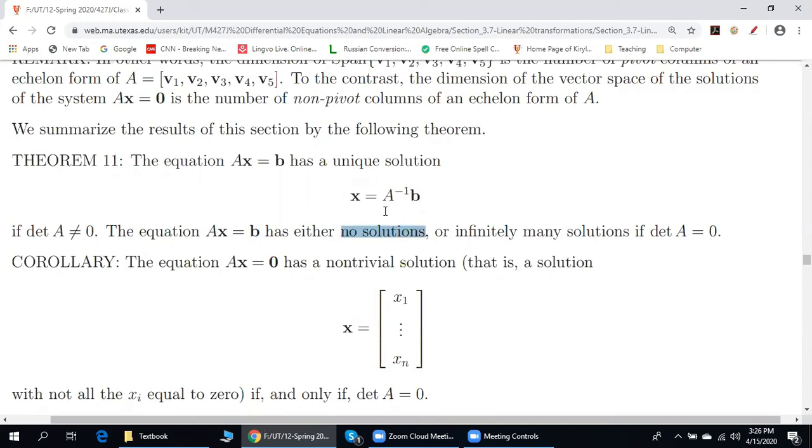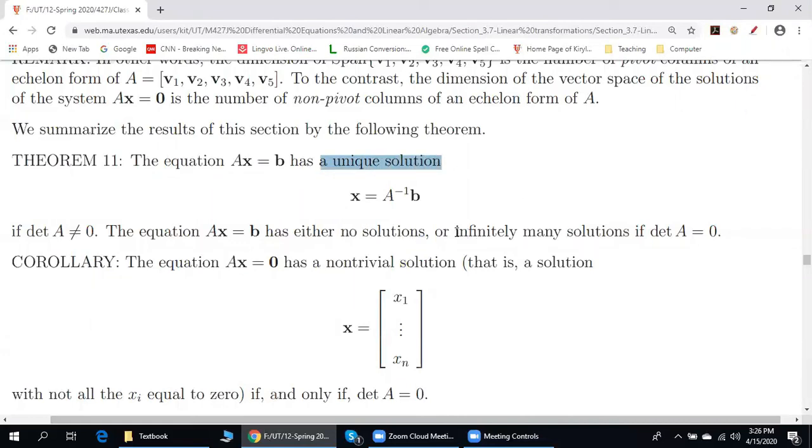Now, suppose we have a homogeneous system and the determinant is equal to 0. Then this is not the case either, because we have this case if the determinant is not equal to 0. Which means, if the determinant is equal to 0, our homogeneous system cannot have a unique solution. So this is not the case, and this is not the case.